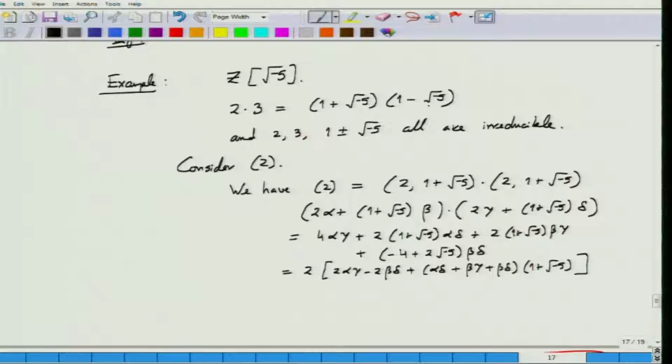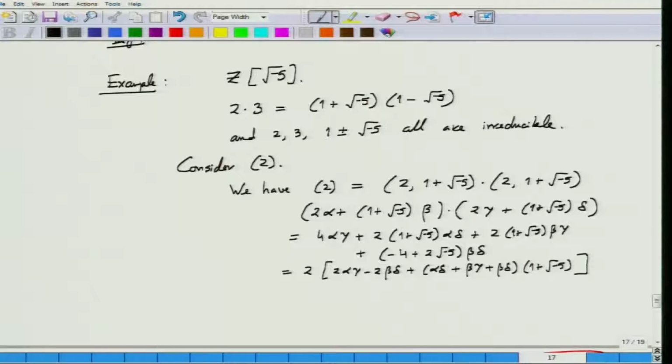if you see, this equation in the ring doesn't admit unique factorization. 2, 3, 1 plus square root of minus 5, 1 minus square root of minus 5, they are all irreducible elements in this ring. So they cannot be factored further, but there are two different ways of factorizing the number 6.